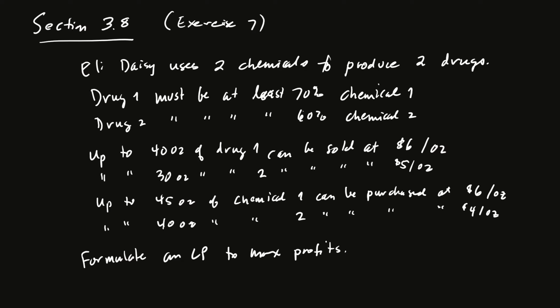In this case, probably the hardest thing is to come up with the decision variables. Of course, that's true in all of these problems. We're going to need some chemical 1 used in drug 1, and some chemical 1 used in drug 2, and similarly for chemical 2 and drug 2.